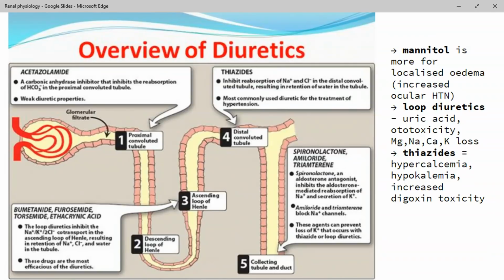But one of the things that happens is you will reduce your serum sodium because you're affecting that pump. That pump is the sodium potassium chloride pump. So if you stop that pump, you're also going to be excreting potassium and chloride, and because of that, you're going to lose all those three ions.